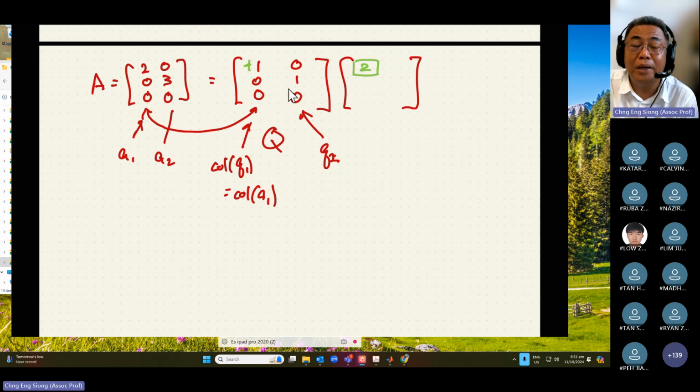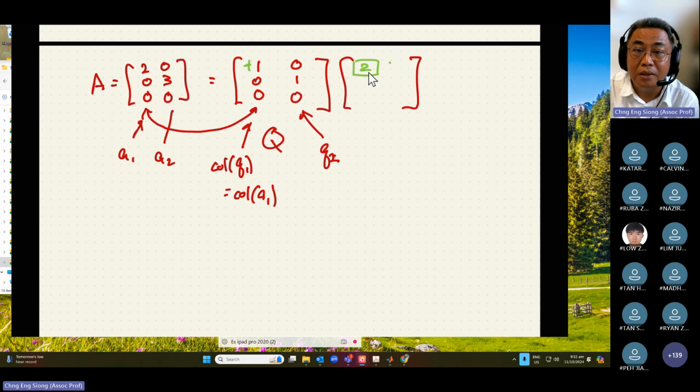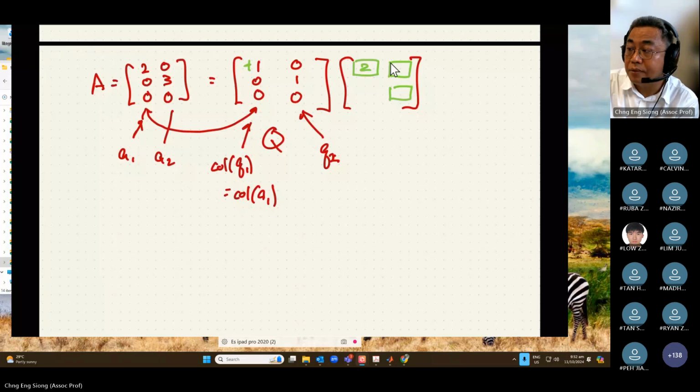So, guys, now I'm going to need two values. Do I need any values here? I haven't chosen yet, but do I need any values here? Do I need any values here?